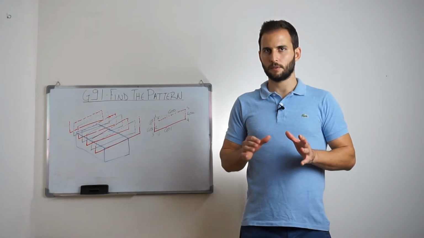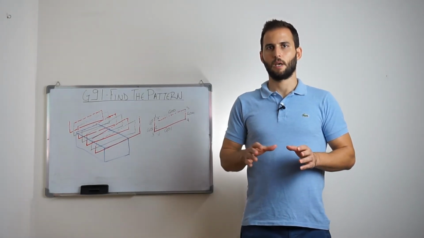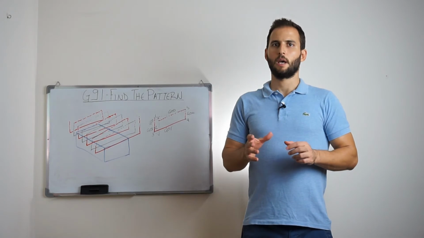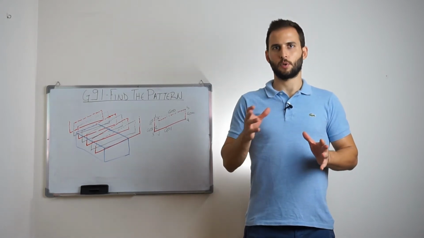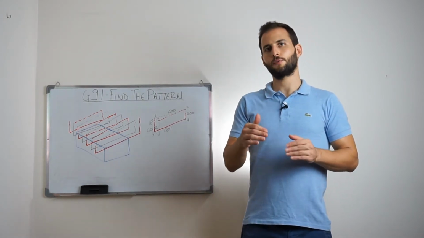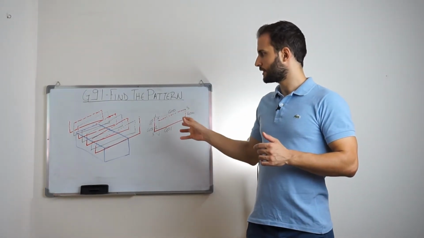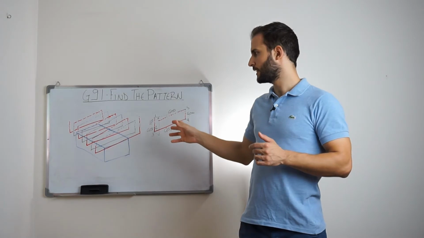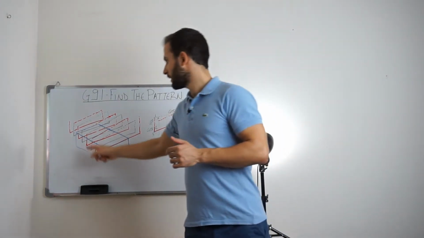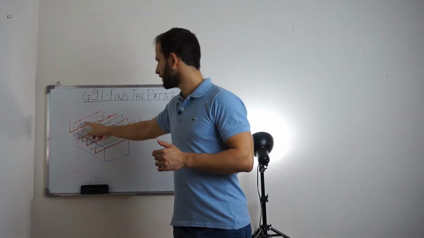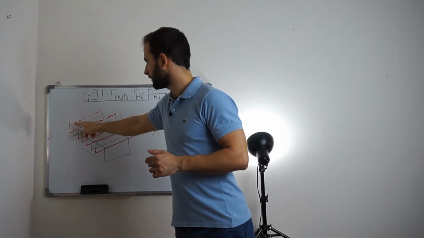Let's now dive into the basic idea of this video. As we've already mentioned, common machining processes can be considered as a set of repetitive movements. For example, in this process, which is a face milling, the same set of movements is repeated again and again.